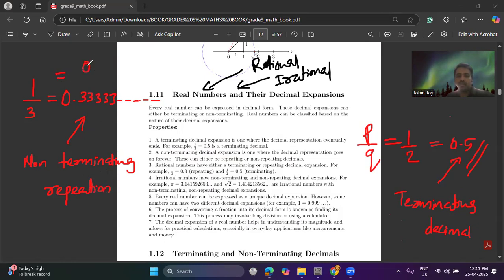So I can write 0.3, a bar on the top of this 3. The meaning of this is that this 3 is repeating. 1 by 3 is a rational number, but 1 by 3 is a real number. And the decimal expansion is non-terminating, repeating. Understand?